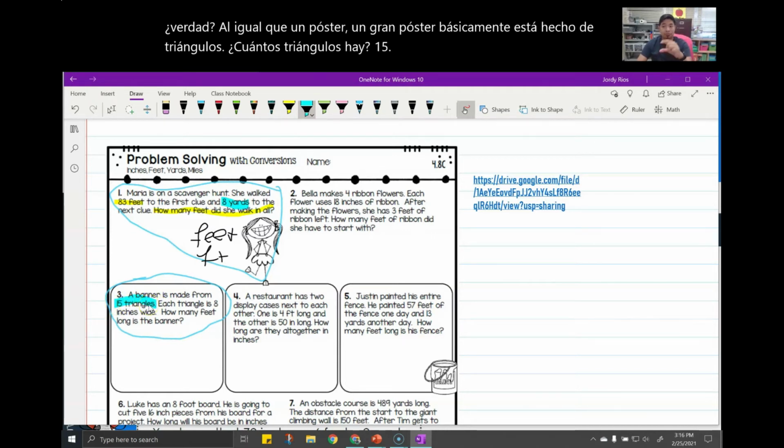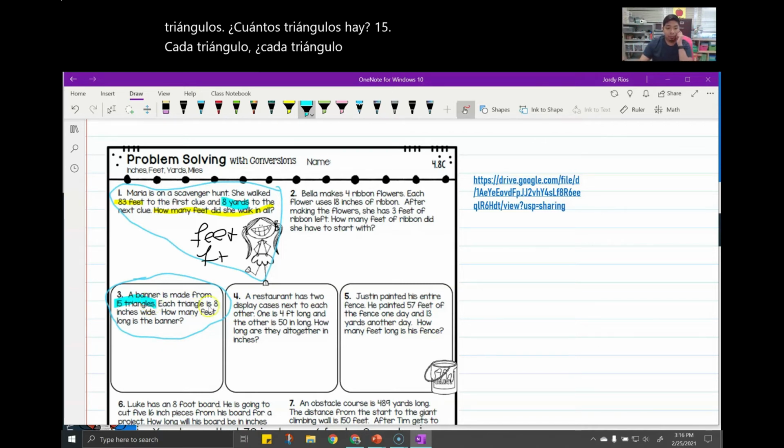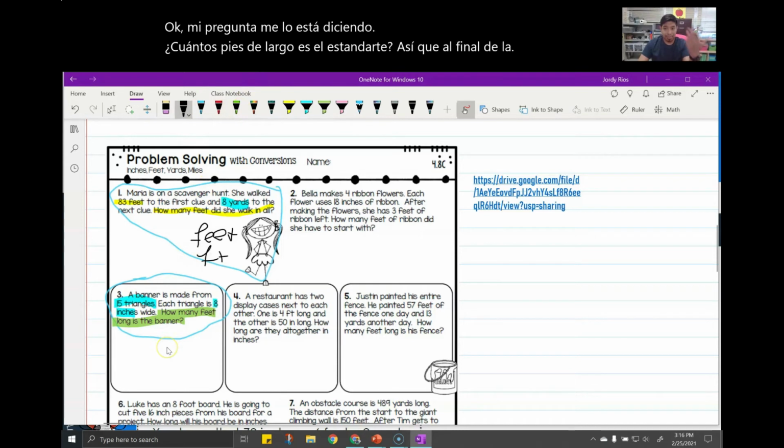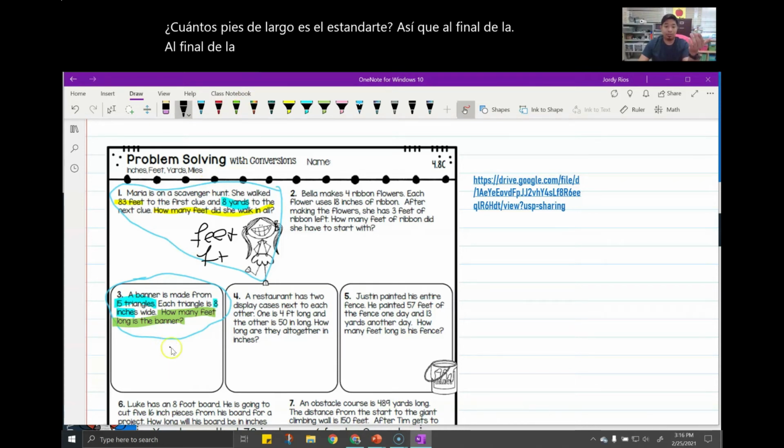Each triangle is how long? 8 inches. My question is telling me how many feet long is the banner? So by the end, my answer should be in what unit? Feet. Good. FT.